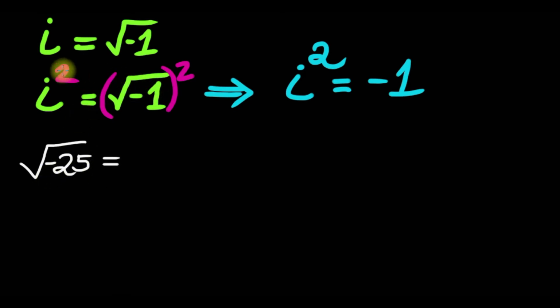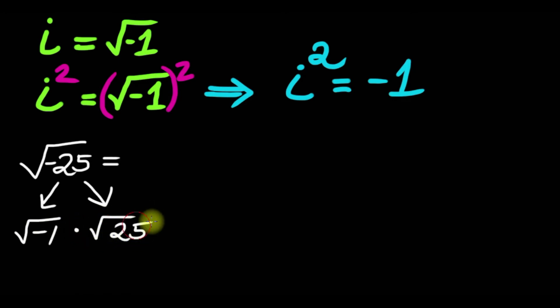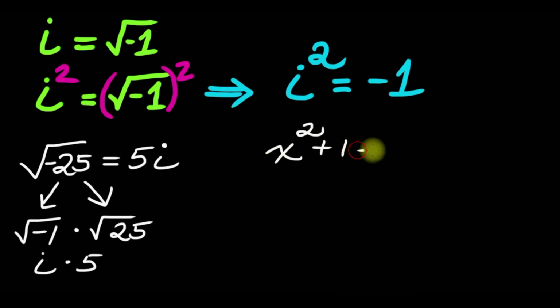Because we know what i is, you can break the square root of negative 25 down into the square root of negative 1 times the square root of 25. Now the square root of negative 1 is i, and the square root of 25 is 5. So this becomes 5i.